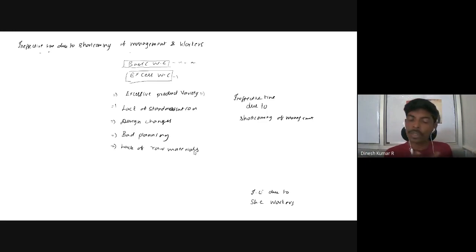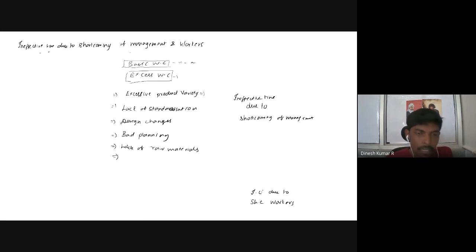If that is the case, you will get 9 products of 1 meter, and the 10th product will be only 90 centimeters, not 100 centimeters. In that particular case, you should be very careful in noting what is happening with your system. So that is the basic thing you have to know about lack of raw material, which can produce more ineffective time due to shortcoming in management.